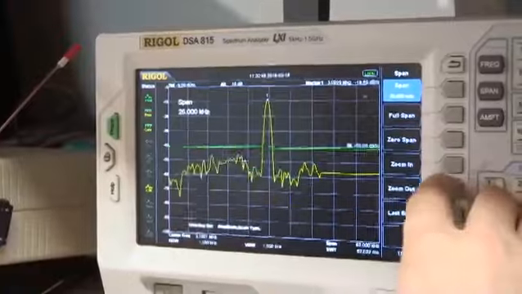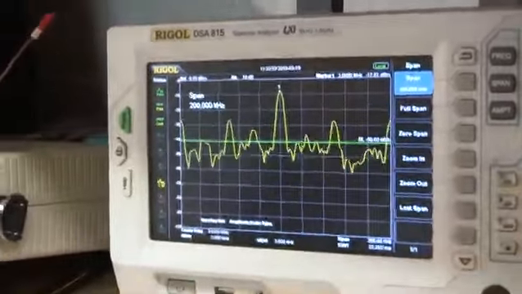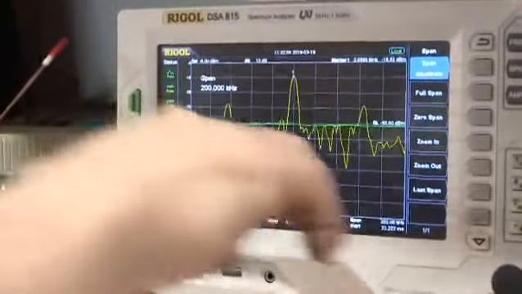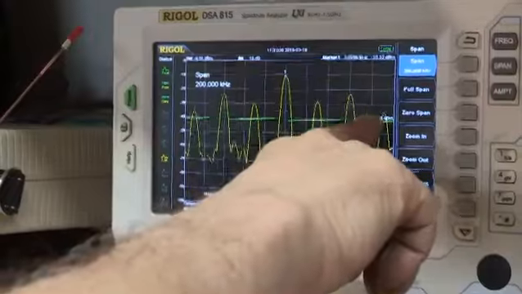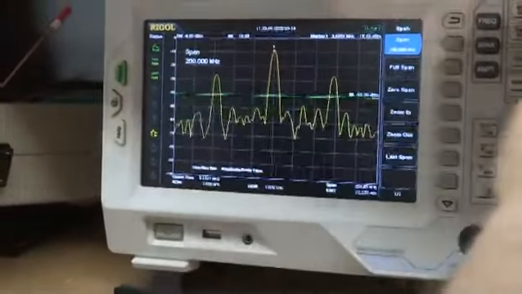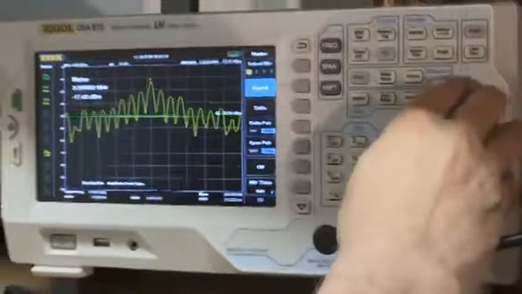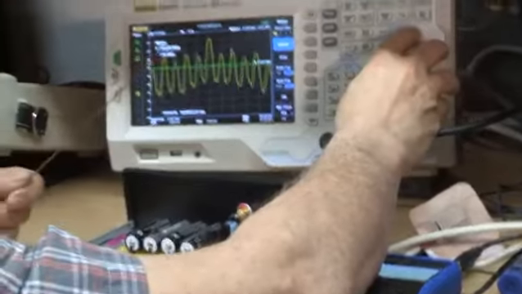Okay, now, what we're going to do with this is, actually we want to zoom out because we want to see all of them that it's generating. So see all the sidebands that it's generating? So what we can do is take this marker, and we know what the cancer frequency is, we know it's 3.14.